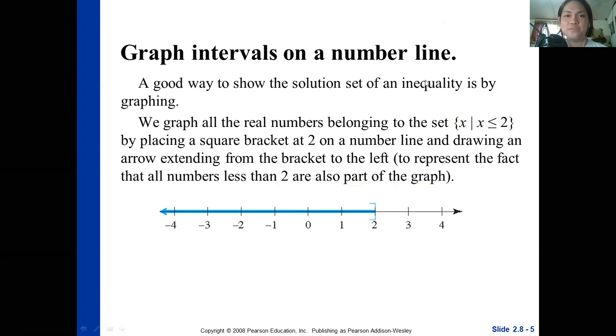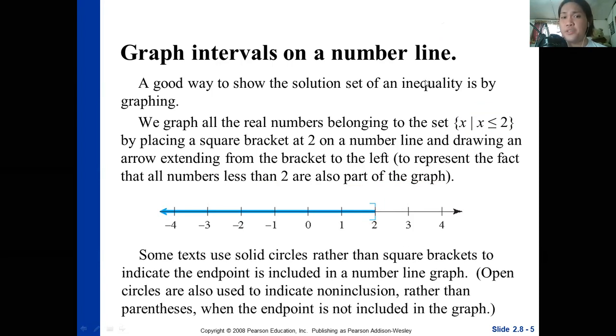Now some texts use solid circles, the closed circle, rather than square brackets to indicate the endpoint is included in a number line graph. Open circles are also used to indicate non-inclusion. Again, as I have said in the previous videos, when we have an open circle in graphs for intervals, the number is not included.